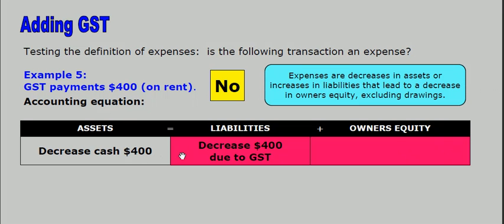However, in paying GST, the liability to the Australian Taxation Office has been reduced. The liability has been reduced, the asset has been reduced, there is no impact on owner's equity, so it does not meet the definition of an expense. GST payments are not expenses.